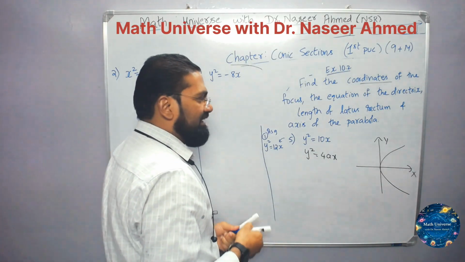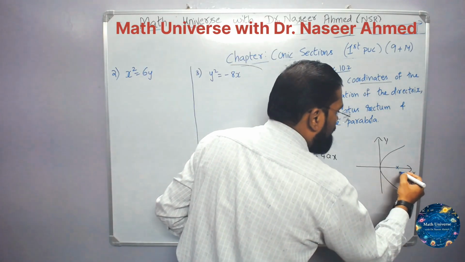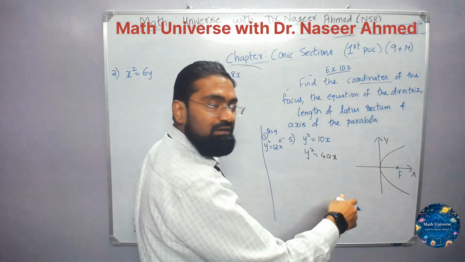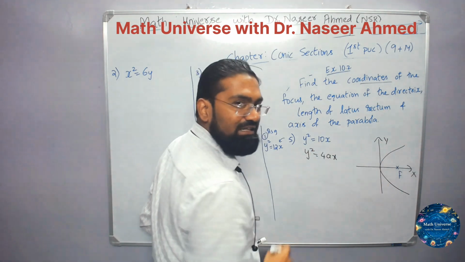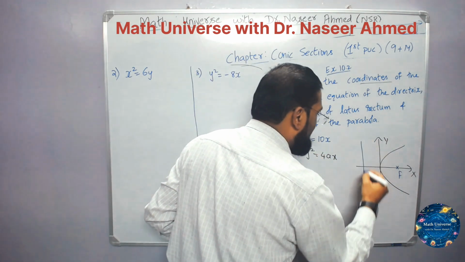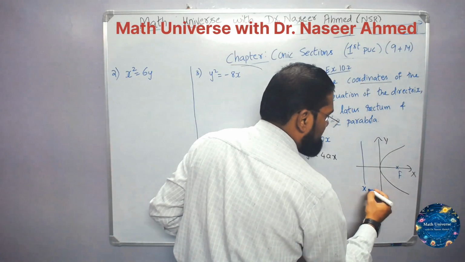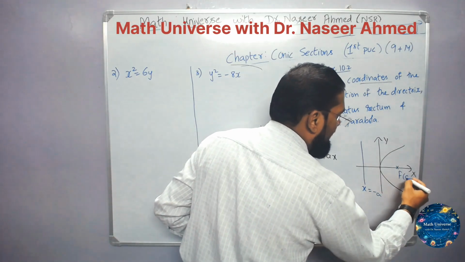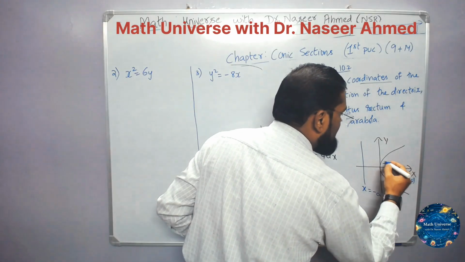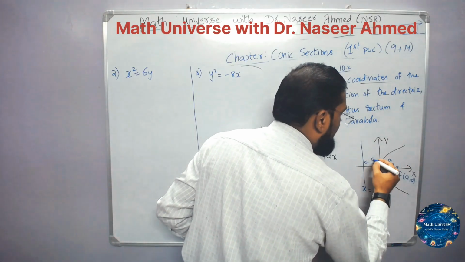So surely focus should be inside our pet animal croco, and here should be the directrix. So this will be x equal to minus a, and this will be (a, 0), because this length is a, this is also a.